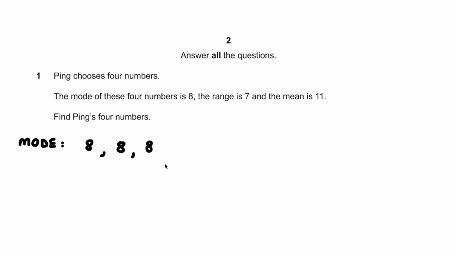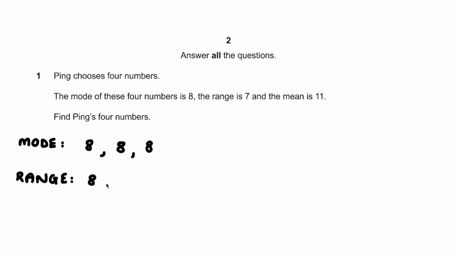Let's think about having 3 8s. Well, if I have 3 8s and the range is 7, the range is the biggest number take away the smallest number. So for me to get a range of 7, I've got the biggest take away the smallest, which is equal to 7. Now suppose 8 is the biggest number.